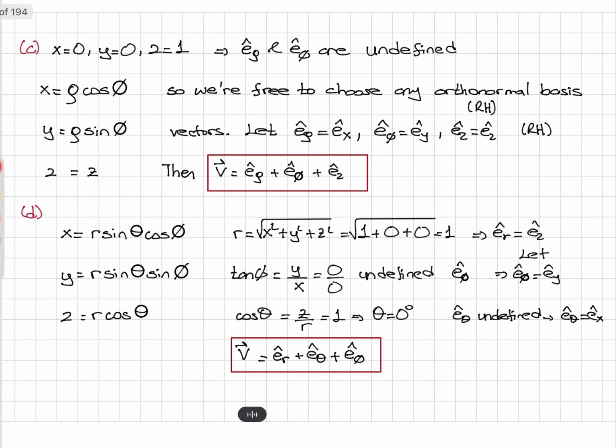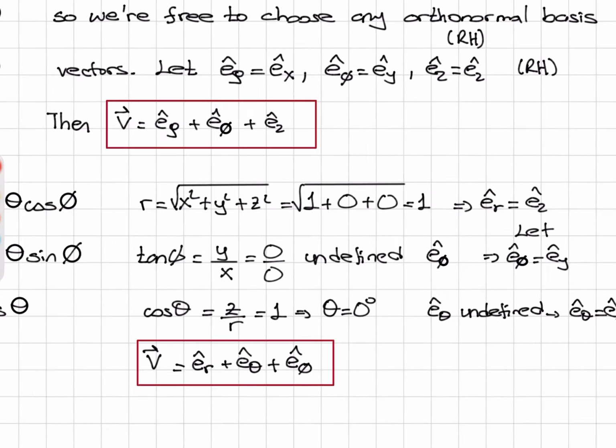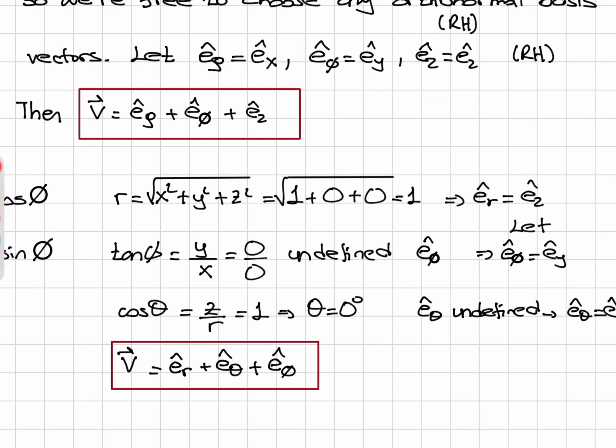So I'm told that er hat must be equal to ez hat. e phi hat and e theta hat are undefined, so I can choose them as any orthonormal basis vectors. So I take e phi hat to be ey hat, e theta hat to be ex hat, so that I have r, theta, phi as ex, ey, ez. So this is forming a right-handed coordinate system.